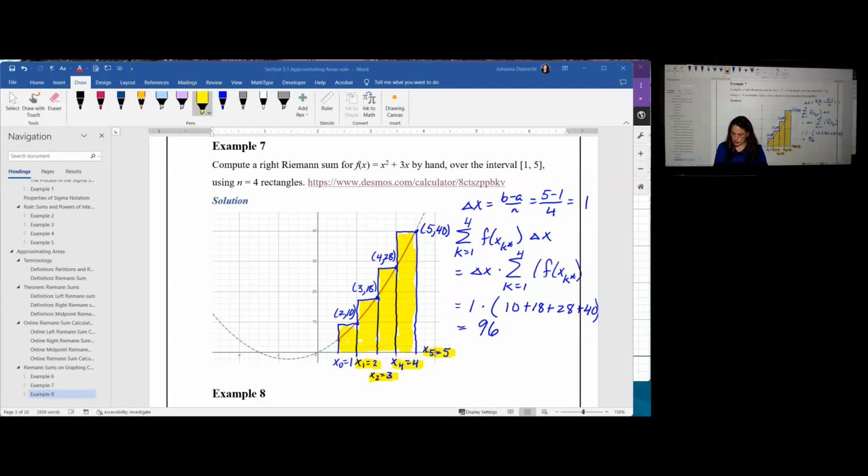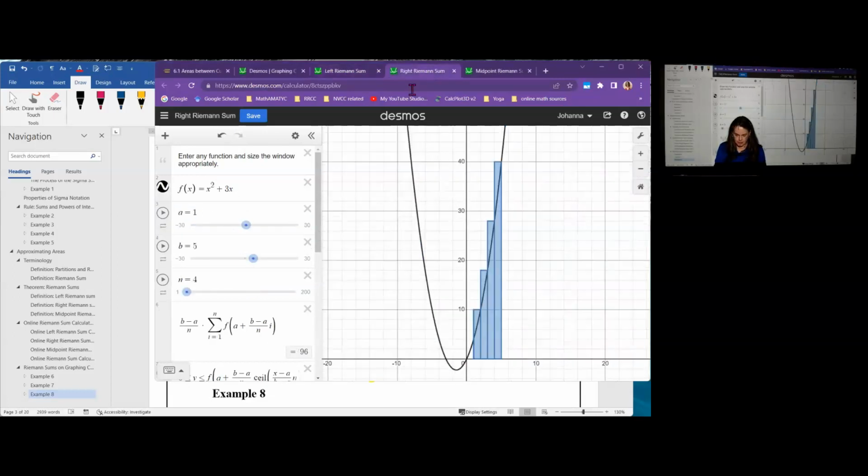Again, we can take a look at the right Riemann sum on Desmos using an applet. On this applet, again, you only want to change the function, the value of the left endpoint, right endpoint, and the number of boxes. We see here that it's giving us 96.